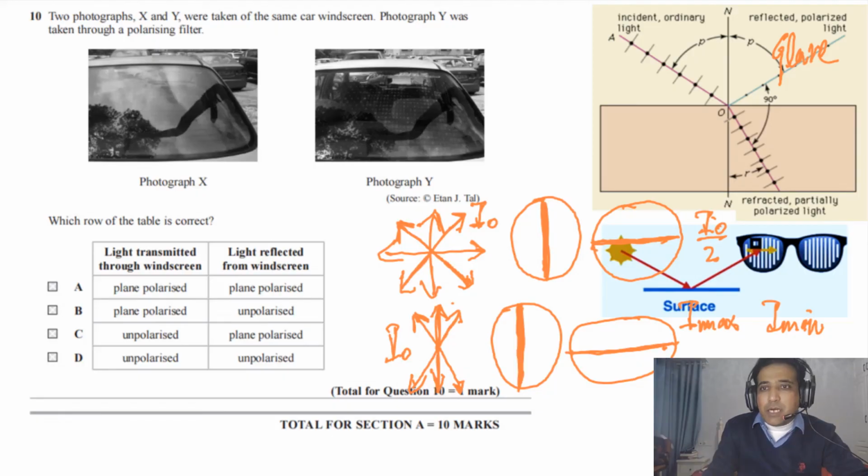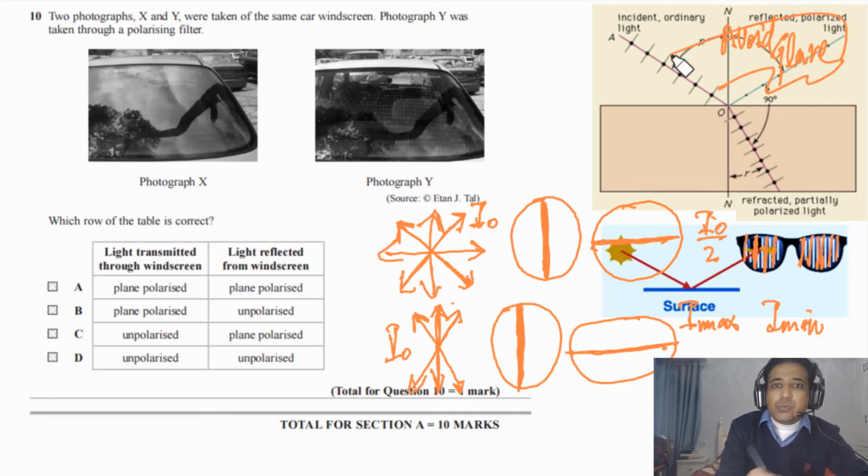You can see here the transmission axis is vertical, because this light is horizontally polarized. To block this light or to avoid glare, we have to use glasses with a vertical transmission axis.